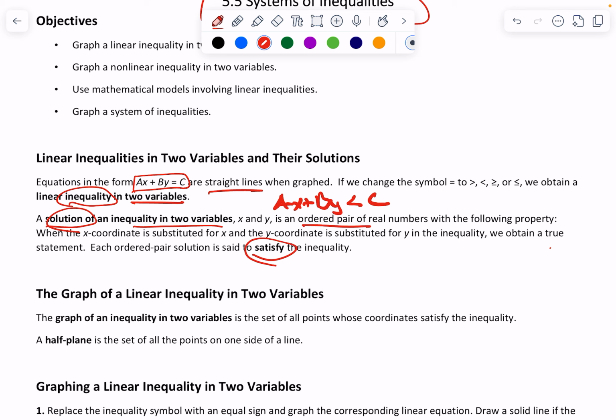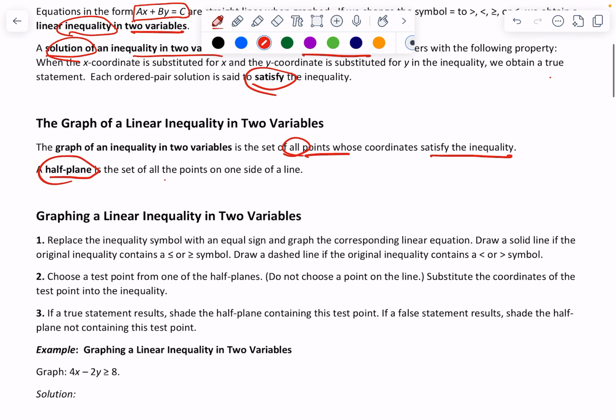The graph of a linear inequality in two variables is the set of all points whose coordinates satisfy the inequality. A half plane is the set of all the points on one side of a line. So let's look at the steps for graphing a linear inequality in two variables.